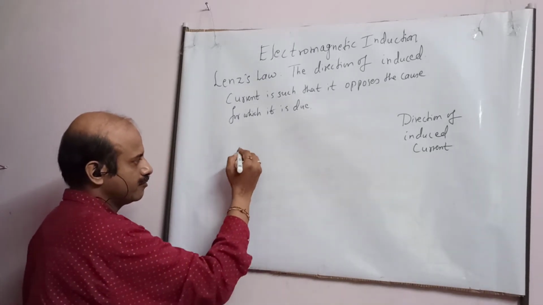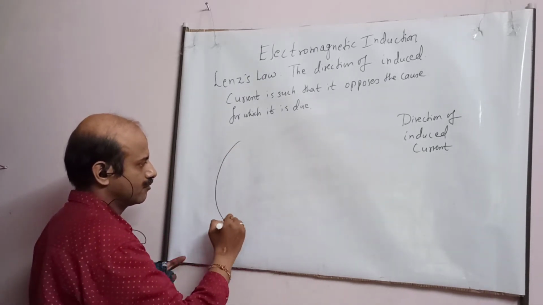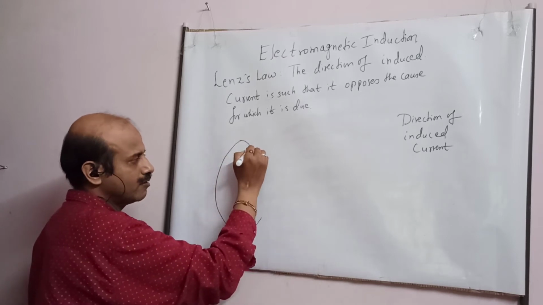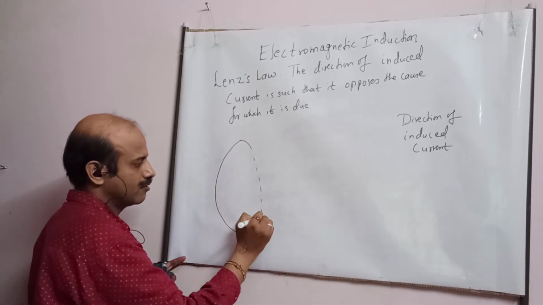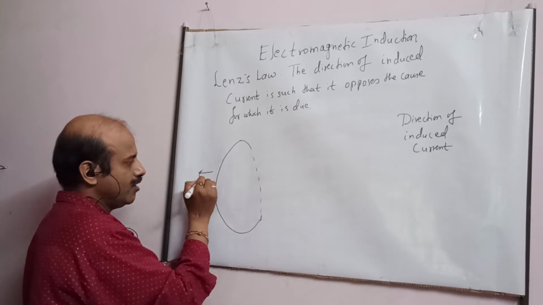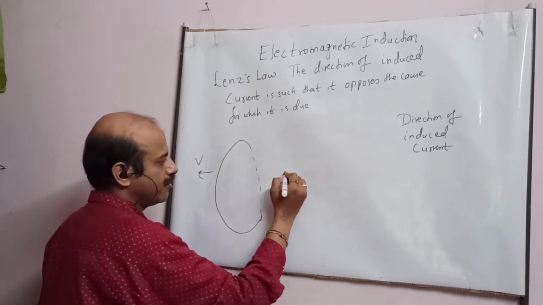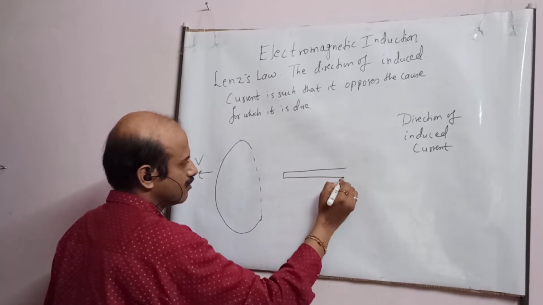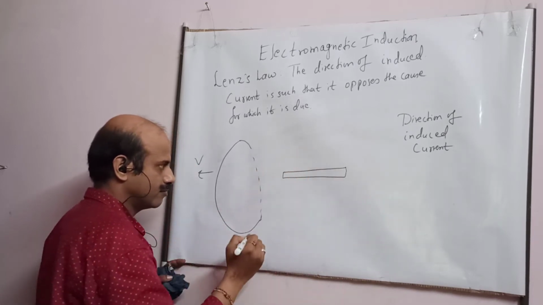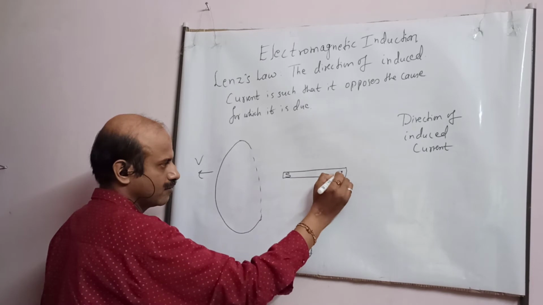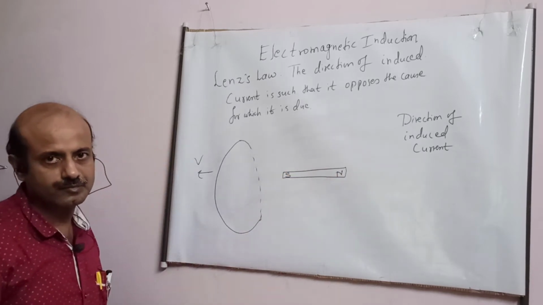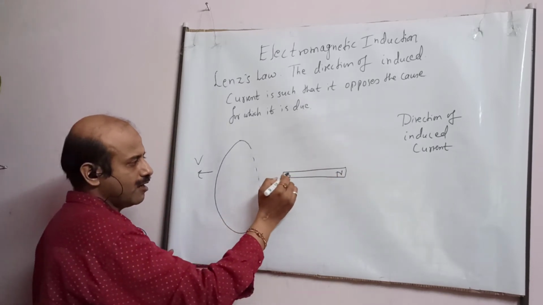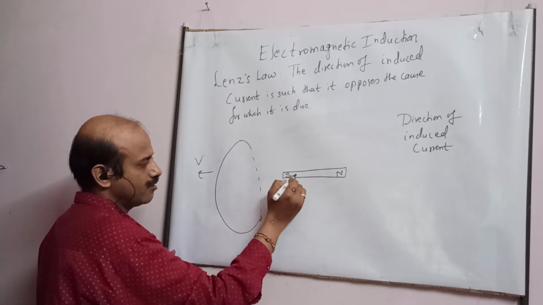Suppose, student, this is the loop and it is moving away with velocity v, and this is the magnet. Now for this, how are the magnetic lines of force, student?